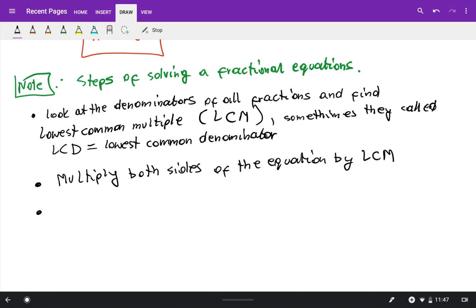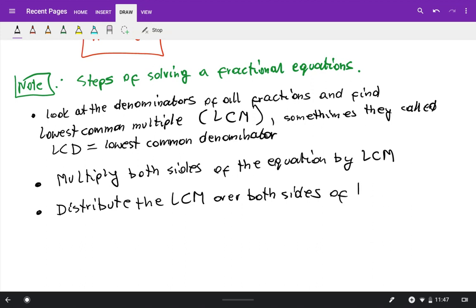When you multiply both sides by LCM, you're going to then distribute the LCM, which is going to be a number most of the time, over both sides of the equation.